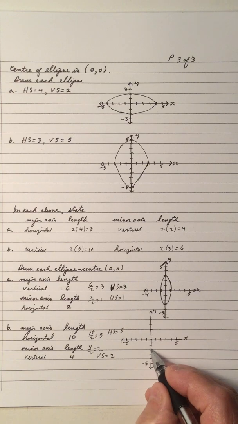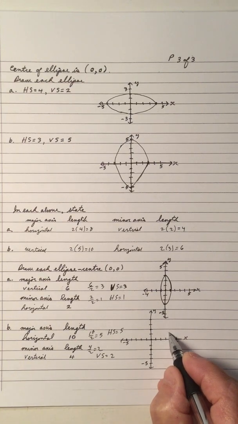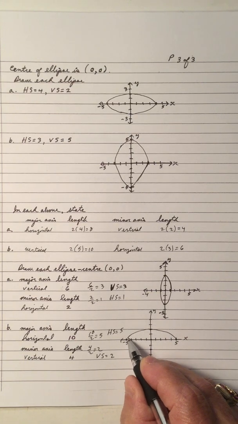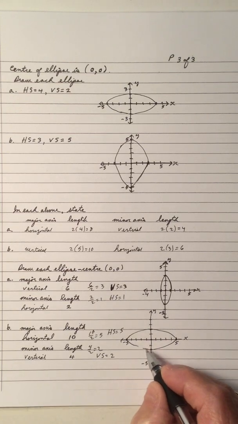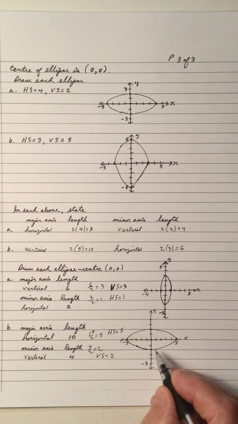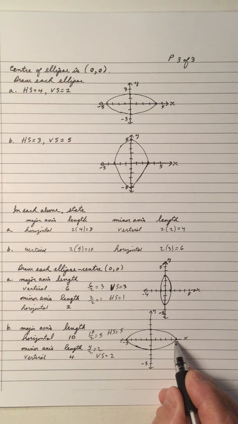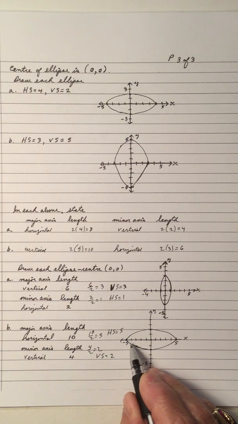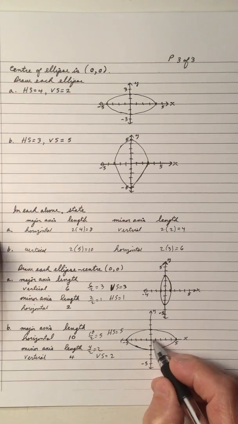And notice the length of the vertical is 4, and this length here is 10. So this is the ellipse. So you can see the center is 0, 0. The horizontal stretch is 5 right, 5 left, 10 in total. And 2 up, 2 down, vertical stretch is 2.